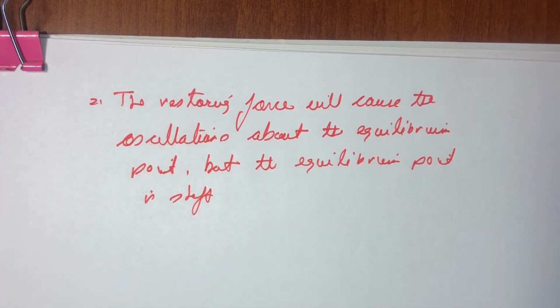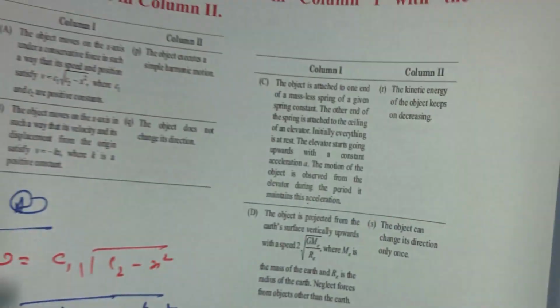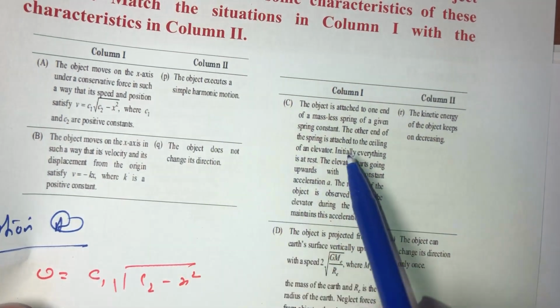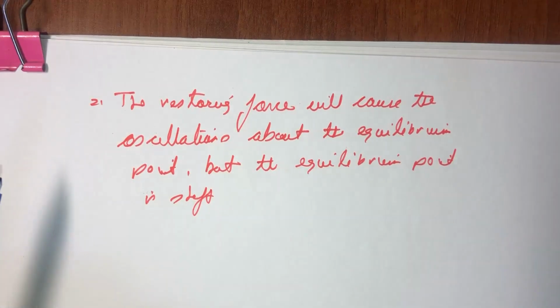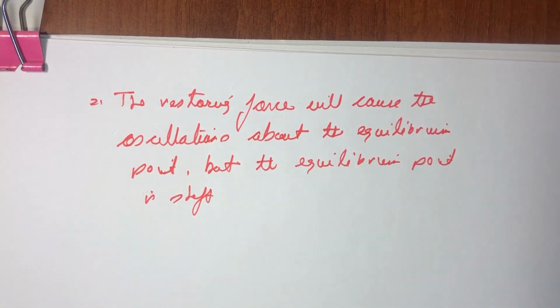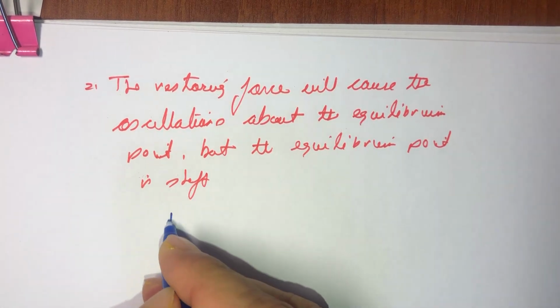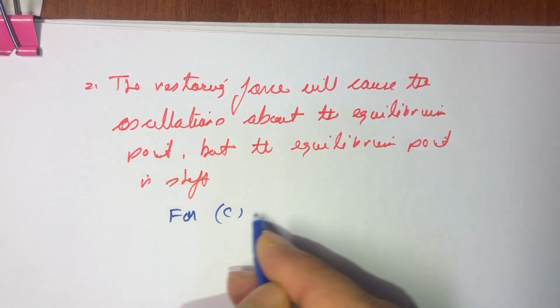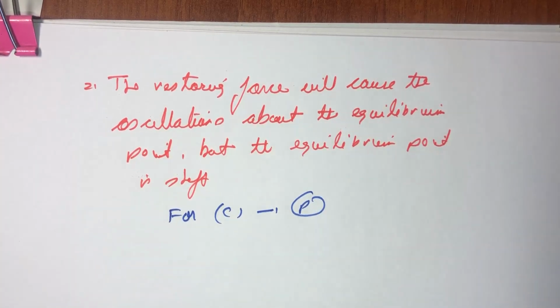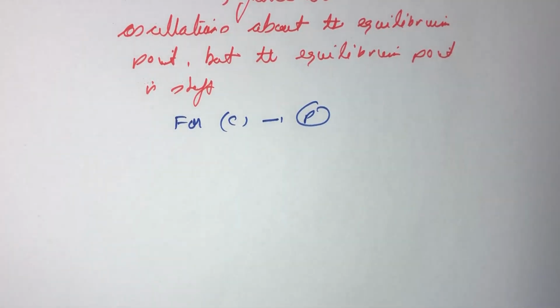So it means for C it is going to execute a SHM. So for C, P is the correct option.